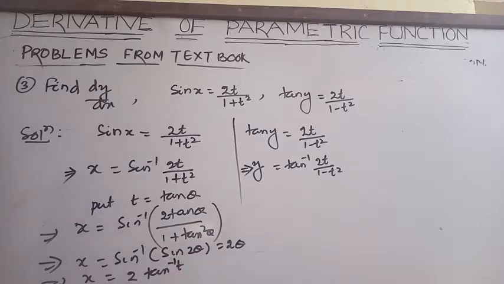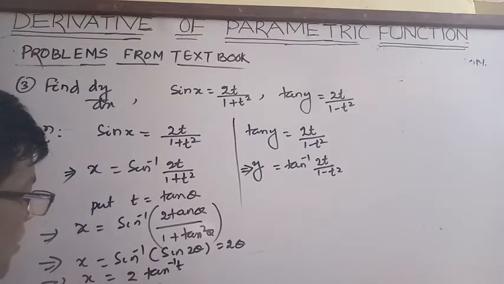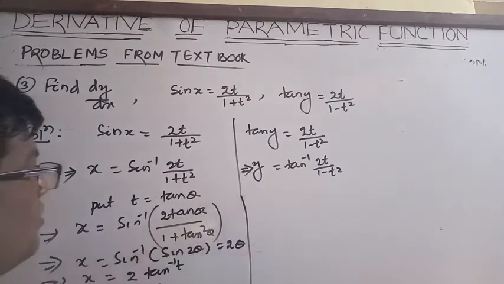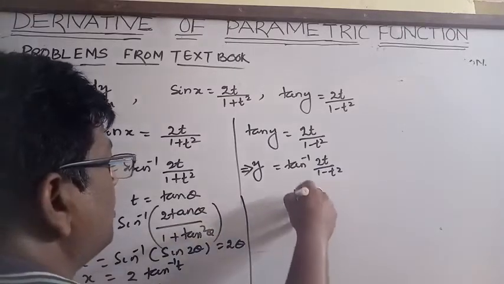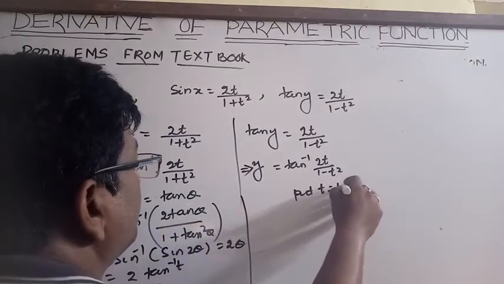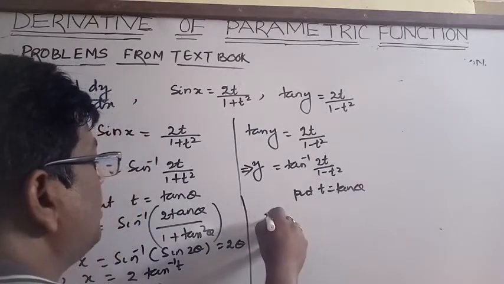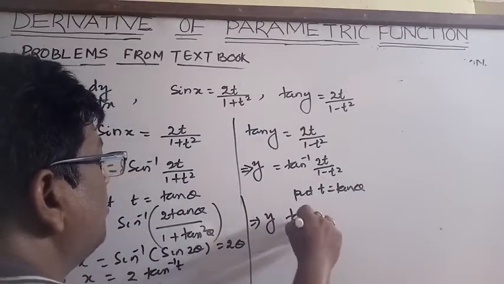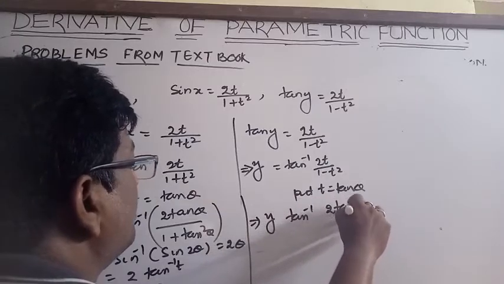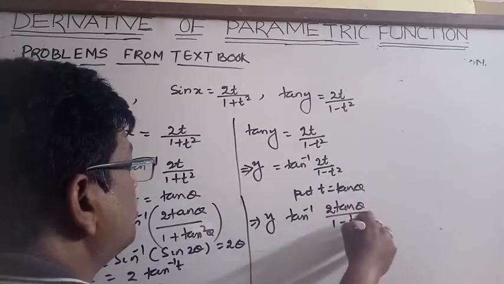Then dx by dt is equal to 2 into the derivative of tan inverse t, which is 1 by 1 plus t square. So 2 by 1 plus t square. Same thing, put t equal to tan theta here. So y is equal to tan inverse of 2 tan theta by 1 minus tan square theta.